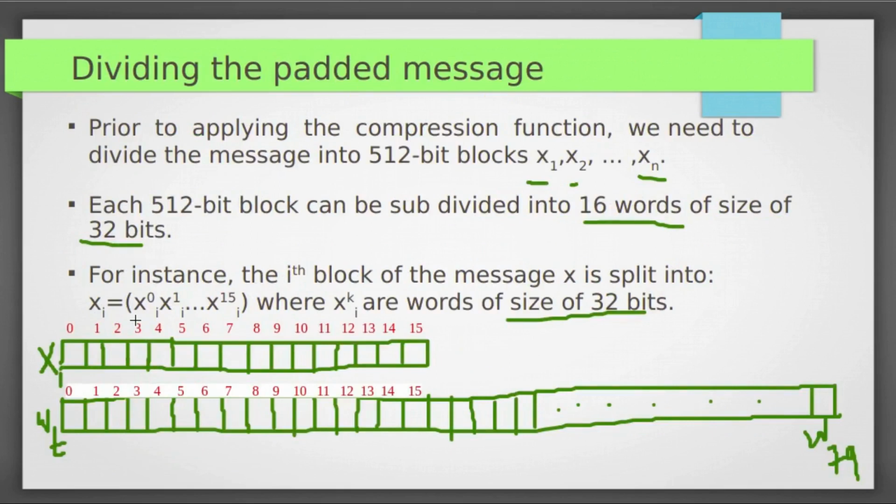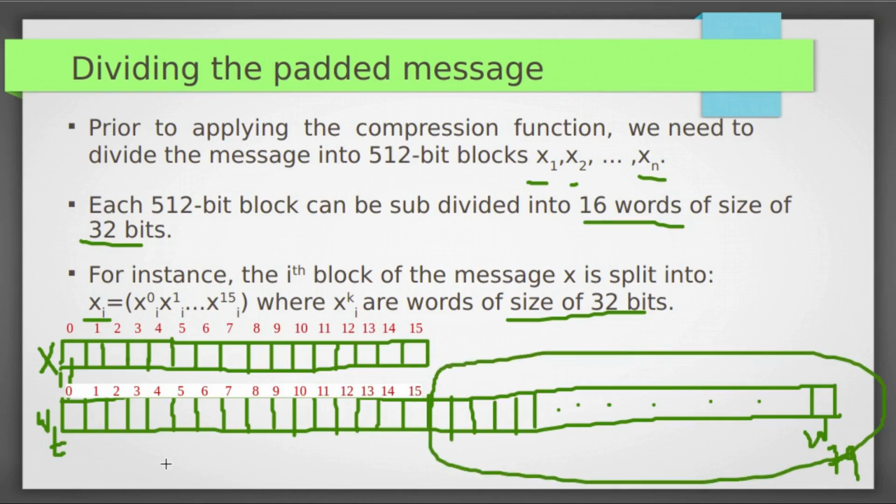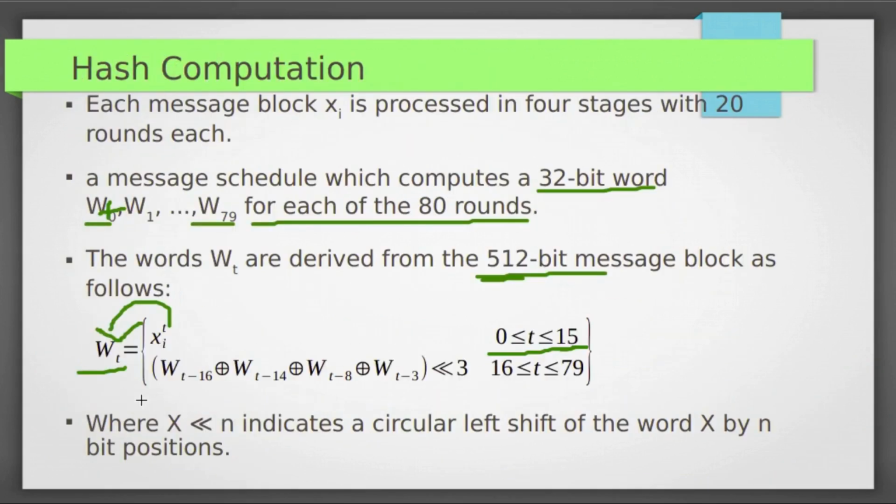Let's see here. We divided ith block into 16 words. This 16 words copied to first 16 words W0 to W15. We need to derive remaining these 64 words from these 16 words. This will be done by using this formula. This will be used for word index from 16 to 79.